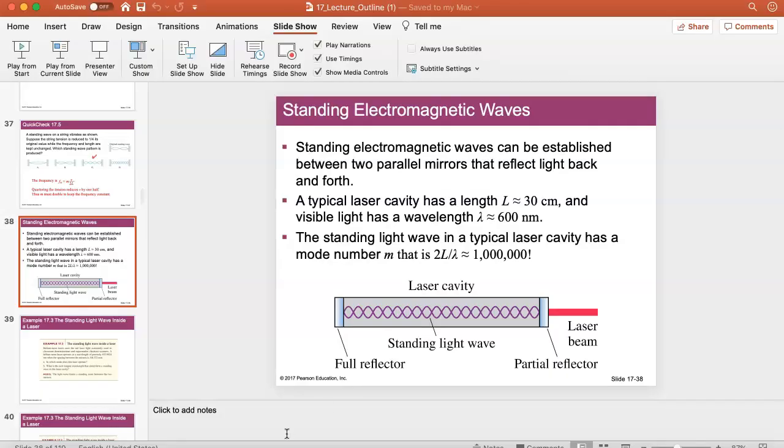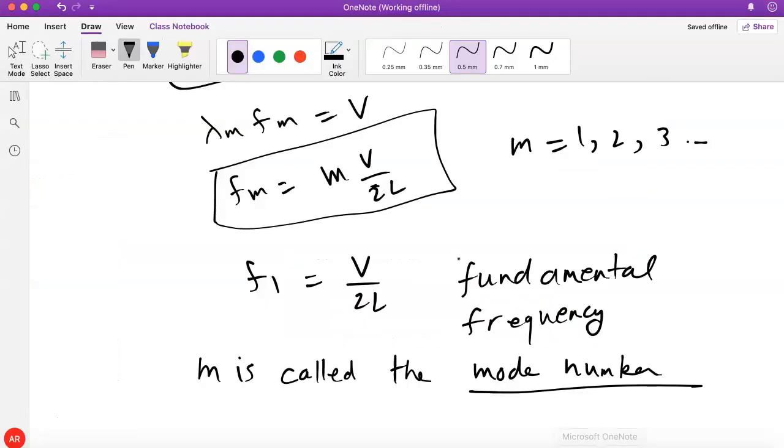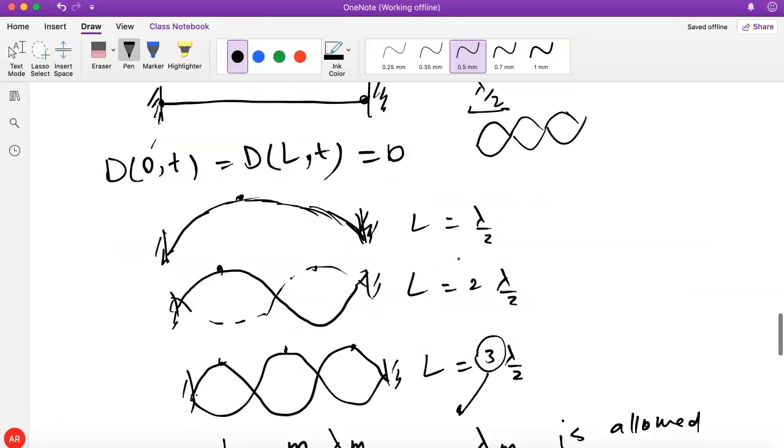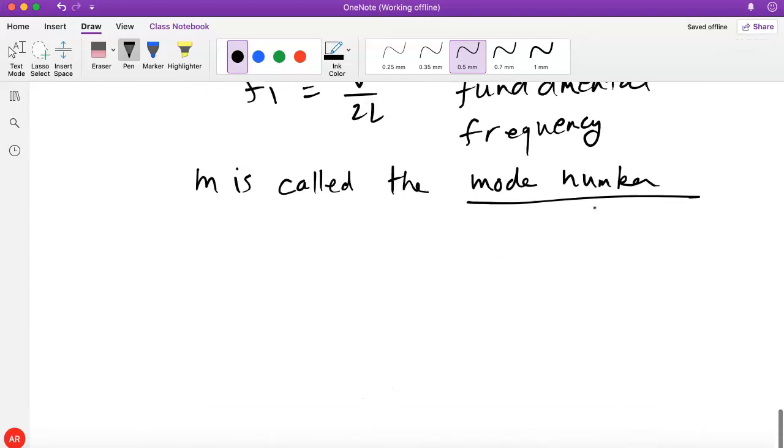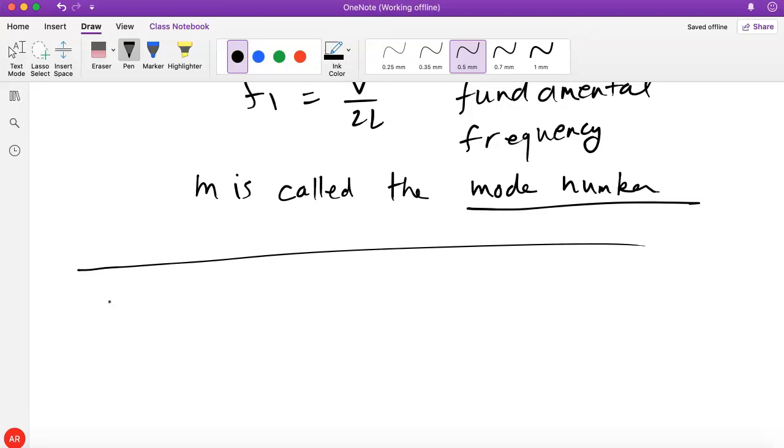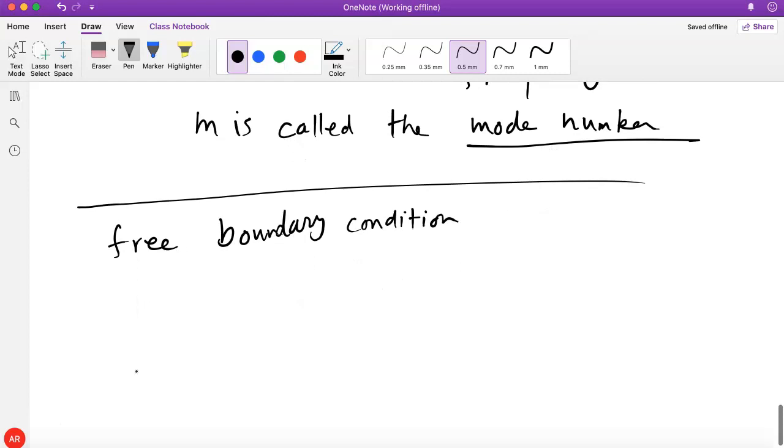So we talked about fixed boundary conditions, where the thing that's oscillating, in this case the displacement, is 0 at the boundary. We also have something called the free boundary condition, where the string is not at all restricted.